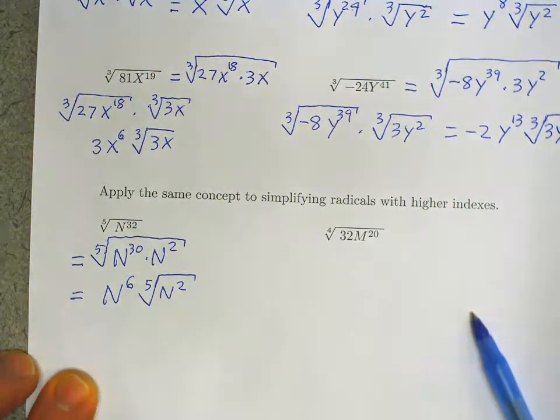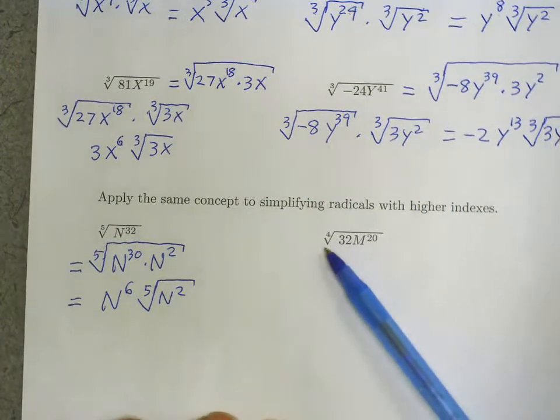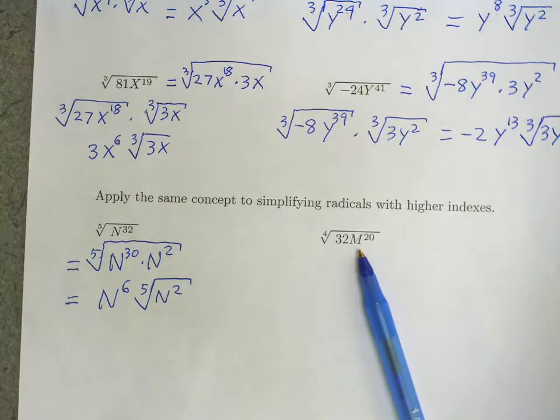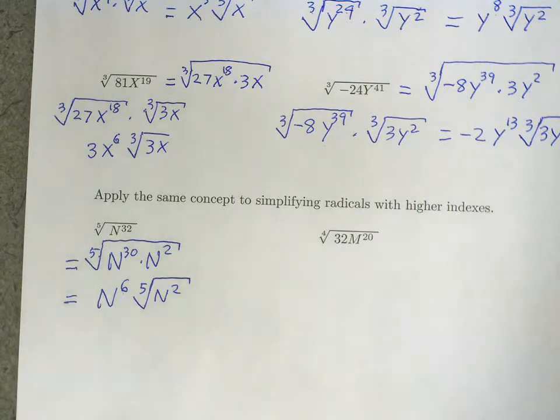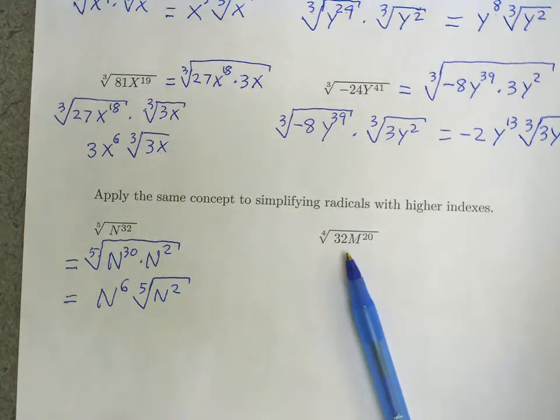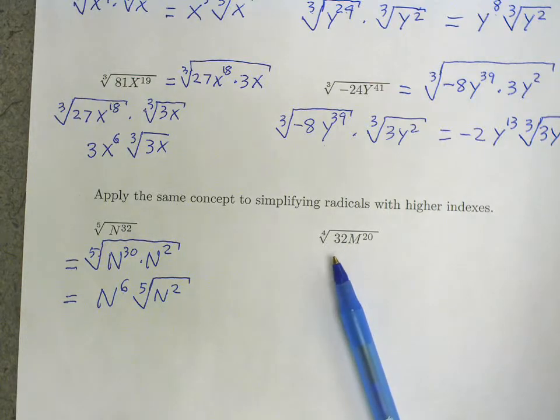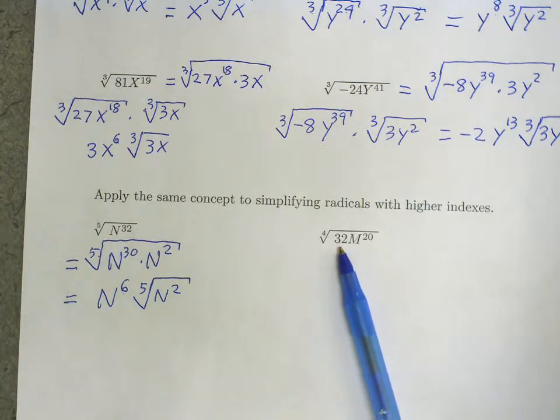Okay, we'll do one with a fourth root. On this one, the fourth root of 32 times m to the 20th. The largest factor of 32 that is a perfect fourth power is 16, because 2 to the fourth is 16. 16 times 2 is 32.